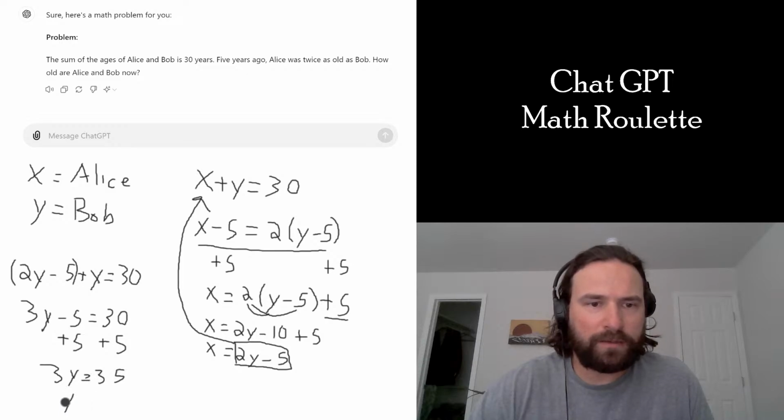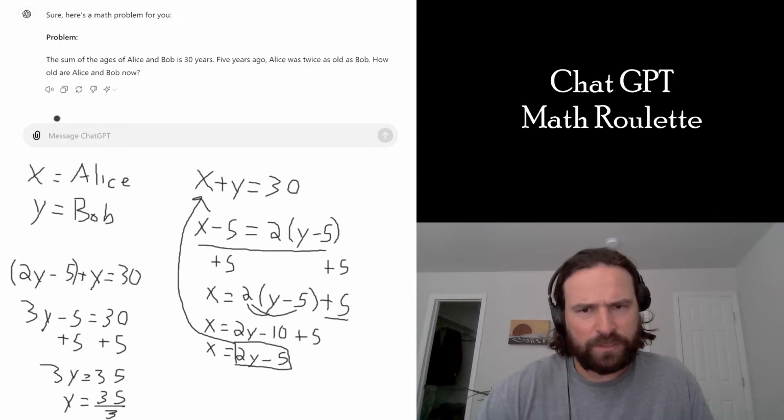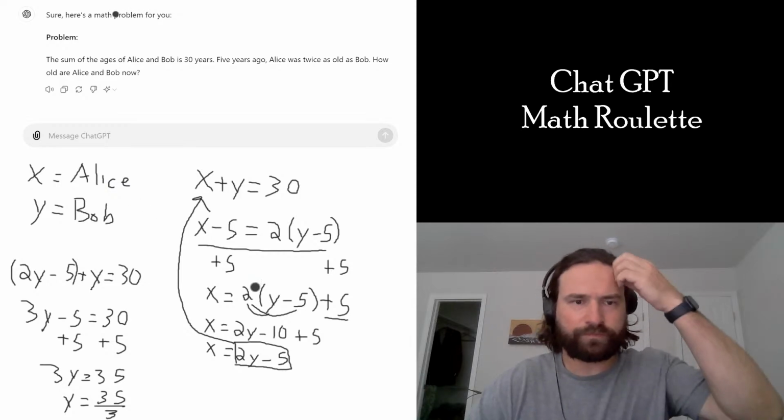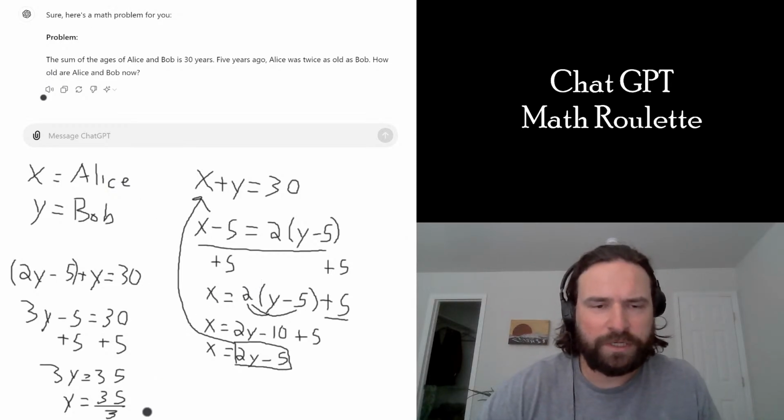So y is going to equal 35 divided by 3, which is going to be a pretty gross number. That's 11.3 or 11.666 repeating. So it looks like Alice is 11 and 2/3.